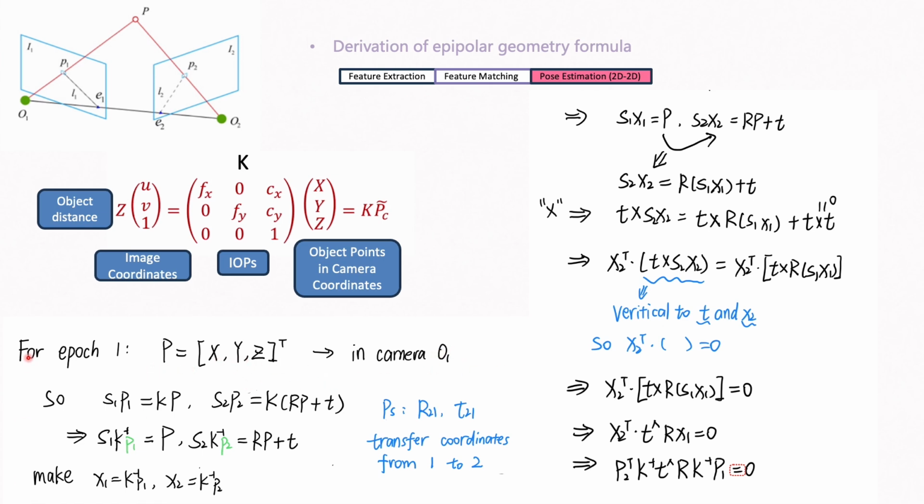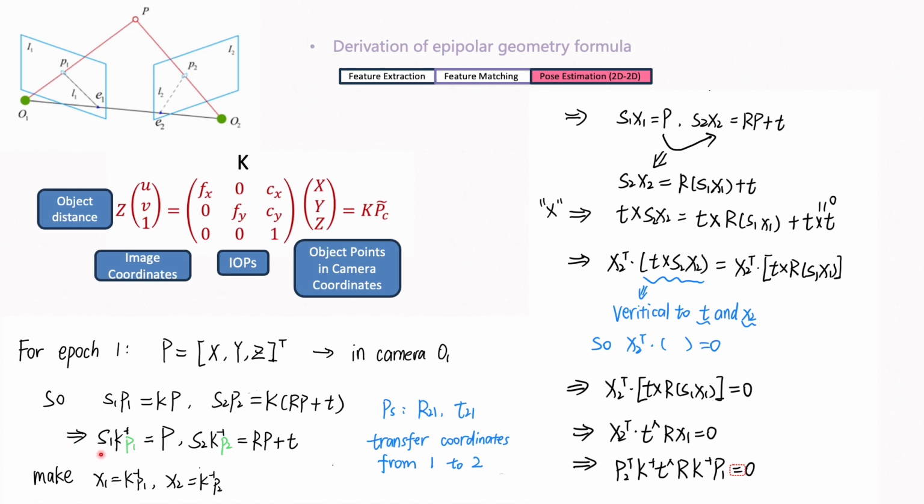We can build the equations: s1 P1 equals KP, and s2 P2 equals K(RP + T). What you should note is that the R and T here are R21 and T21, which transfer the coordinates of P from the O1 system to the O2 system.